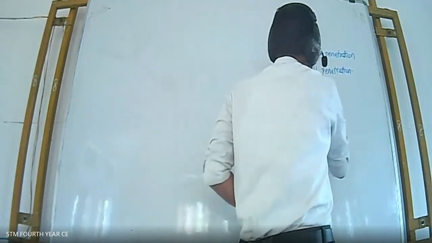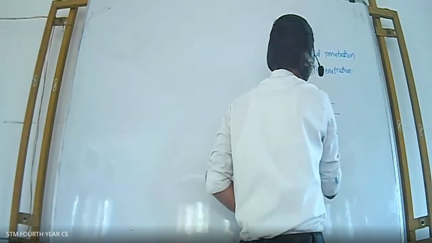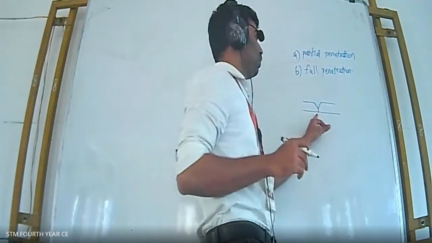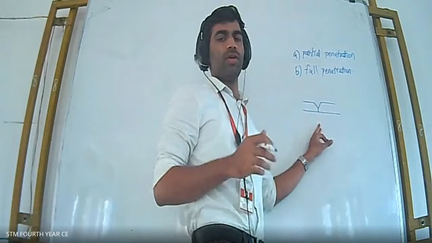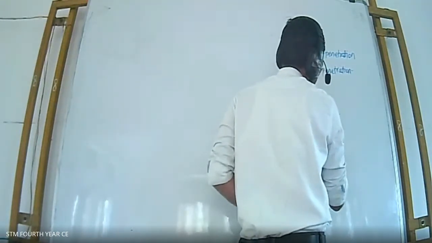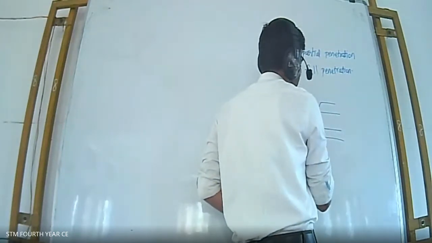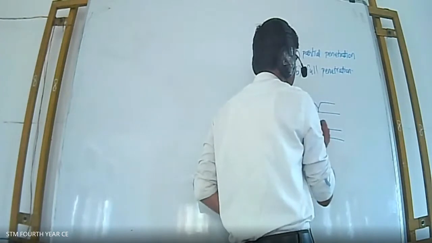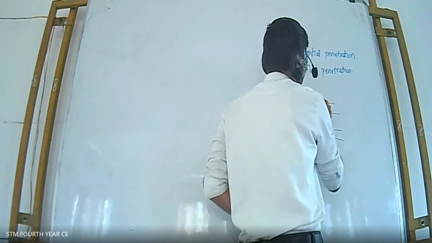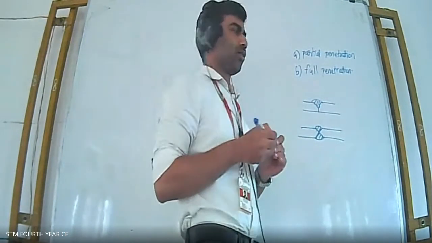In the first condition it was a single V end, and in the second type it was a double V end. So in the second situation, the penetration occurs fully. In this way, the welding will take place.